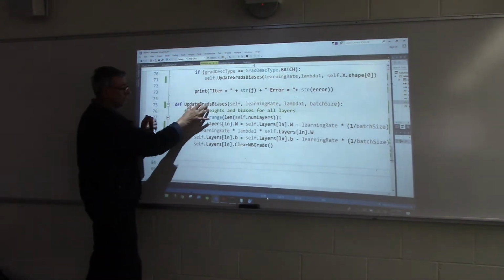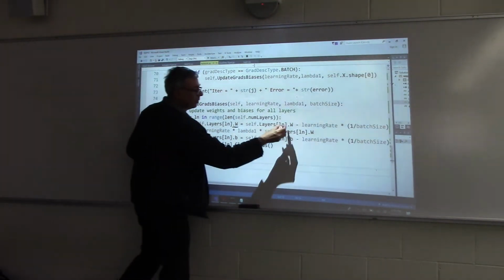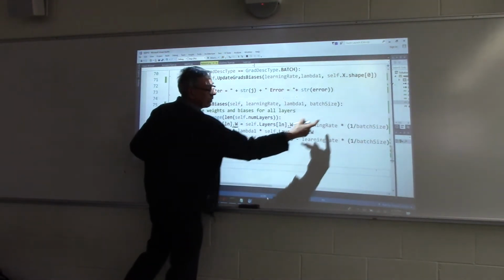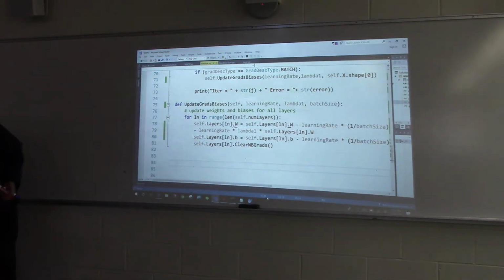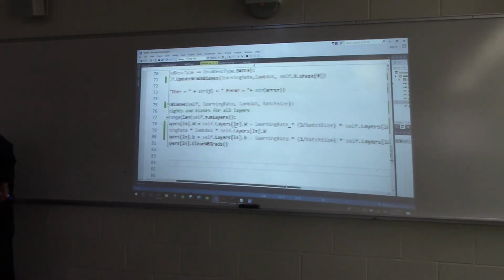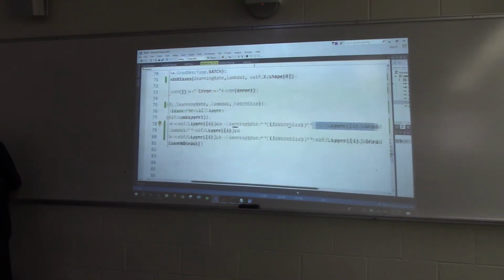So take a look as we are updating w equal to w minus learning rate into 1 over the batch size into whatever gradients we have computed, right? So this is the normal update, nothing special over here. What's once again the extra term that got added over here?